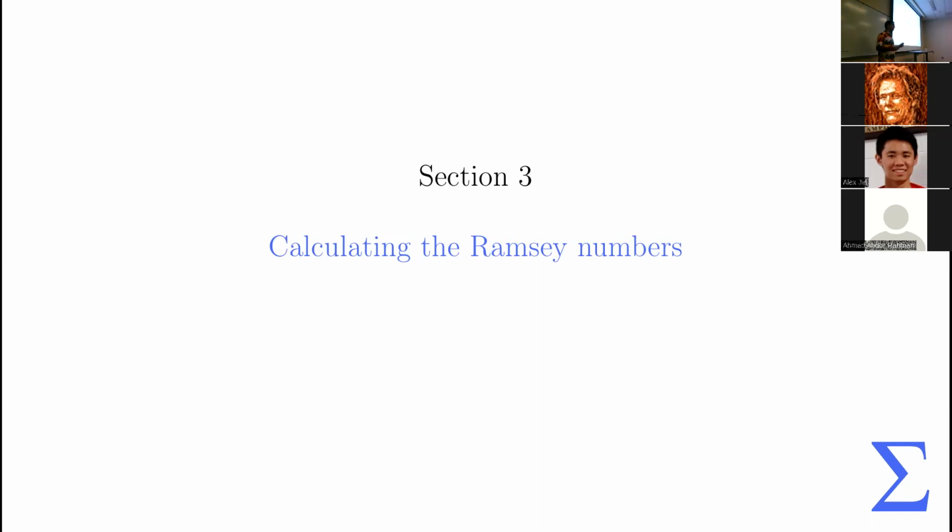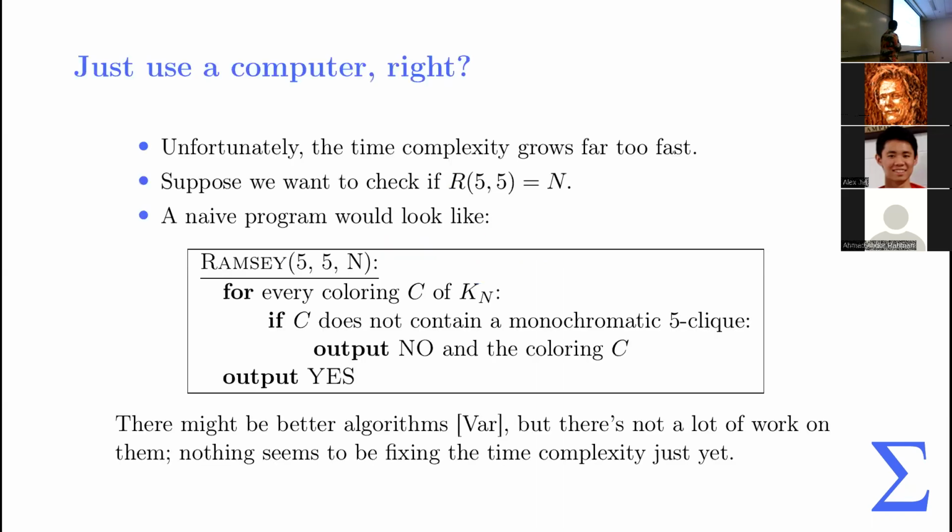So how do we know what these Ramsey numbers actually are? We have an inequality in our theorem. We don't have any equals. So just use a computer, right? A basic algorithm would just be to look at every possible coloring of a complete graph, and if we don't find the clique that we want, terminate and output that.